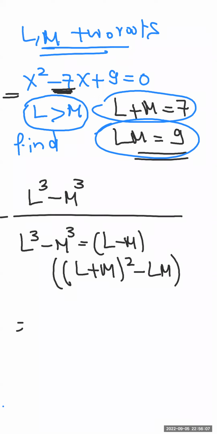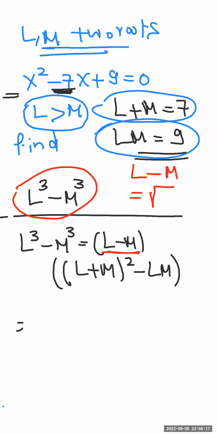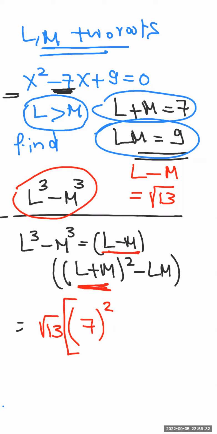So now, the first one, L minus M, I just got from the last requirement, it was equal to square root of 13, right? So square root of 13 times L plus M power 2, 7 power 2, minus the product 9.